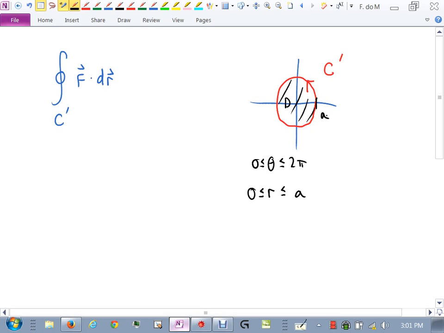Well, remember, this is going to be the double integral over D of what, though? Not of 1. Of partial, yeah, we have to do all that stuff. Partial Q with respect to x, minus partial P with respect to y. Didn't we find those a little while ago, though?